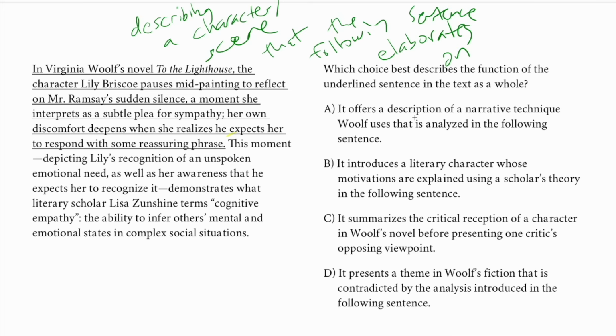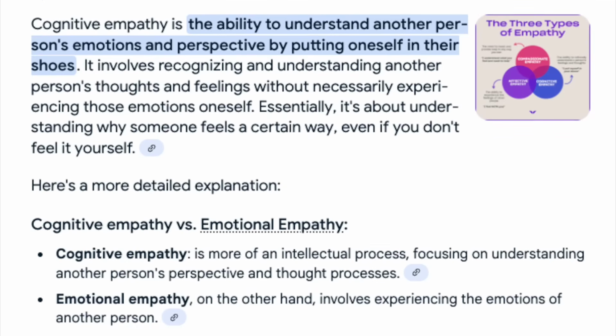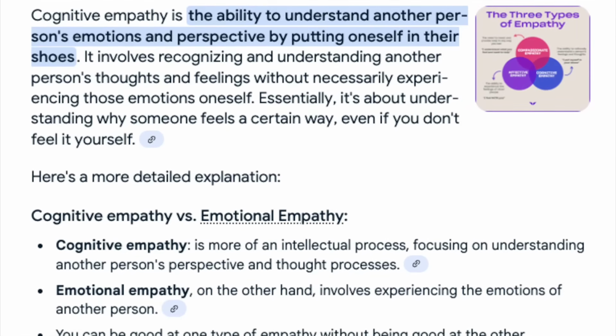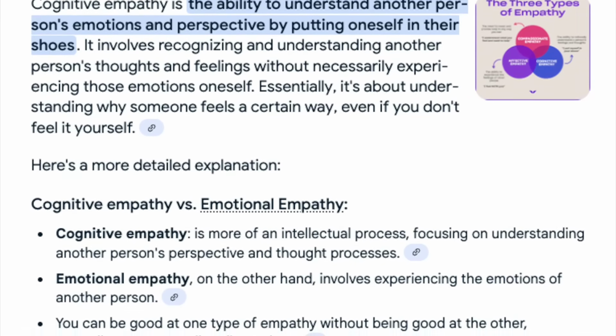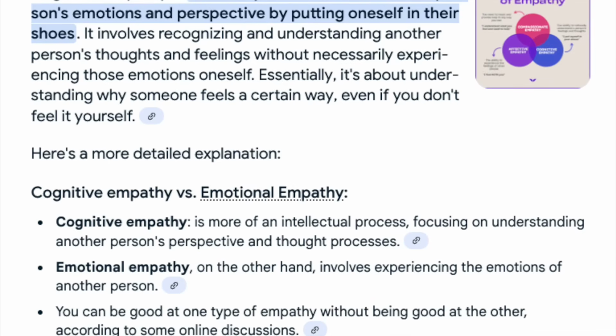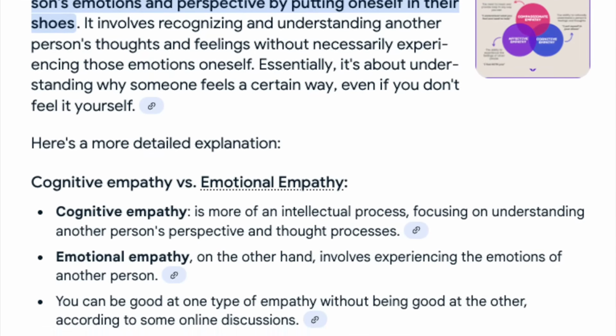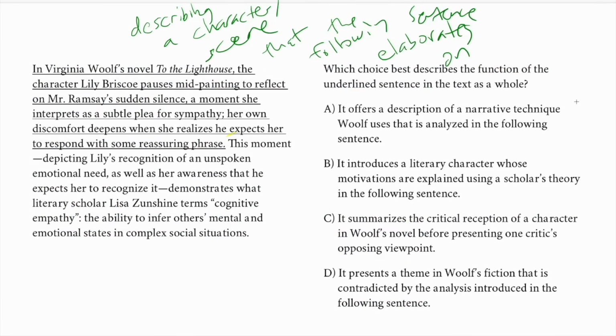And even if we did want to grant that it was describing a narrative technique, the next sentence isn't really analyzing a narrative technique. It is talking about this idea of cognitive empathy, and that's an ability that humans have in general. In other words, it's not something that is specific to characters in novels. And so, while that one might be a little bit tempting, it's ultimately going to be incorrect.